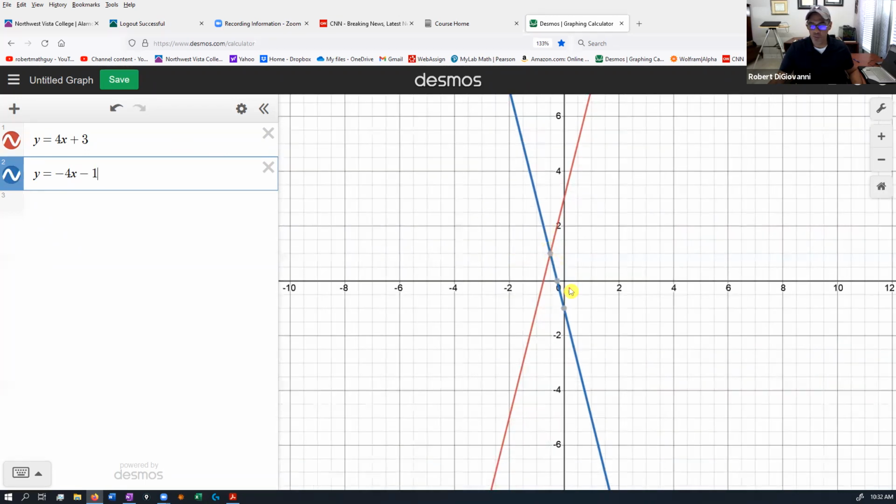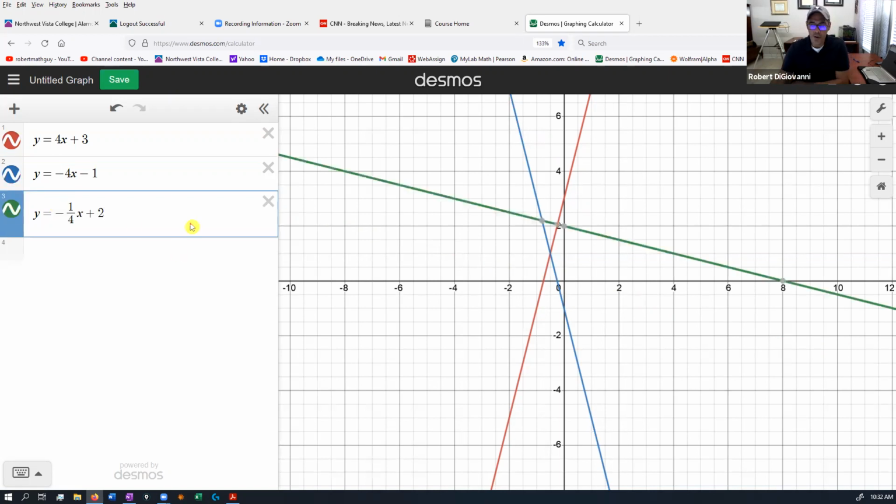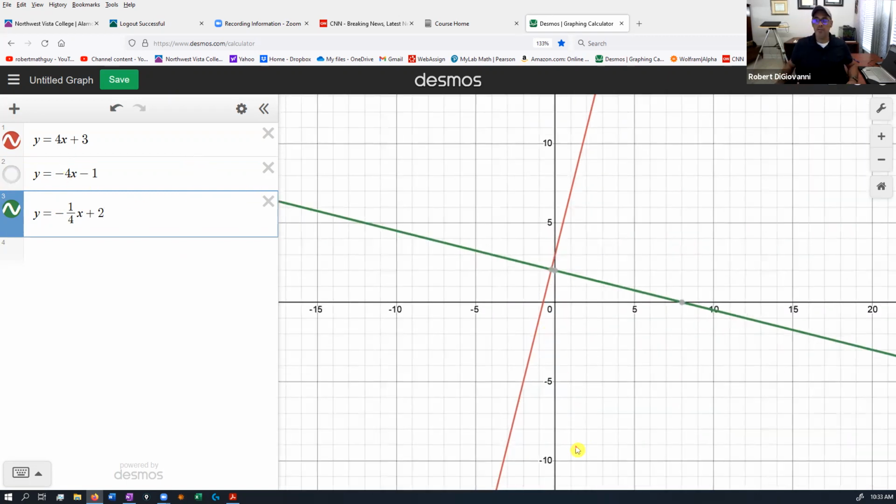So -4 doesn't work. Now, I said if I do -1/4, it will. There we go. The red one has a slope of 4. The green one has a slope of -1/4. The blue one has -4, and it doesn't seem to work. But you can tell, hopefully, that the red and the green are a perfect little cross there.